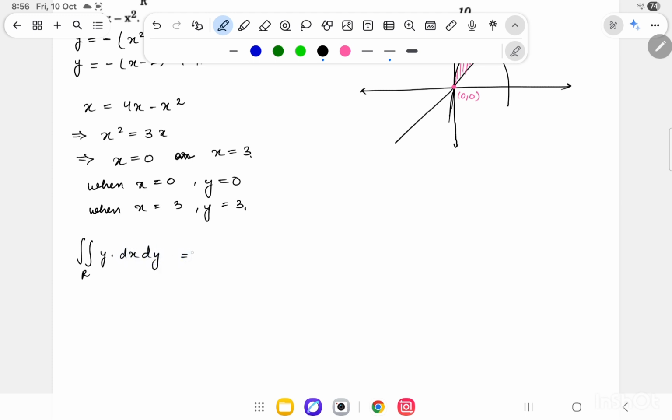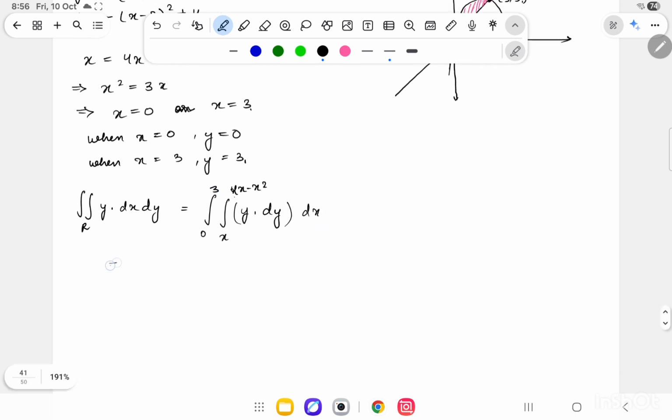Let's evaluate it with respect to y first, so it will be y dy times dx. Here y varies from x to 4x minus x square, and x varies from 0 to 3.